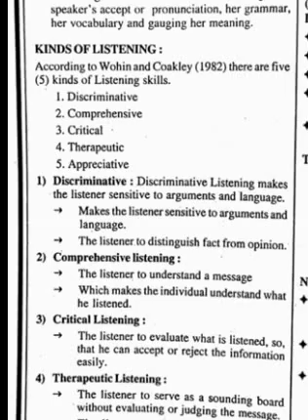Second, comprehensive listening, for the listener to understand a message. Next, critical listening, for the listener to evaluate what is listened to. Therapeutic listening, for the listener to serve as a sounding board without evaluating or judging the message. Appreciative listening is for enjoyment or to gain a sensory impression.